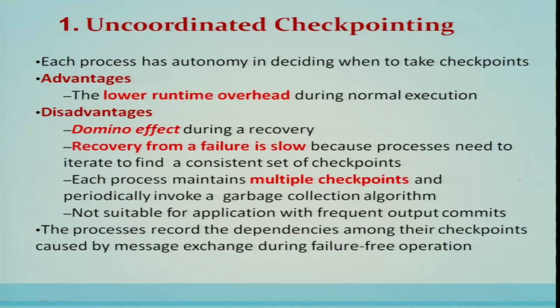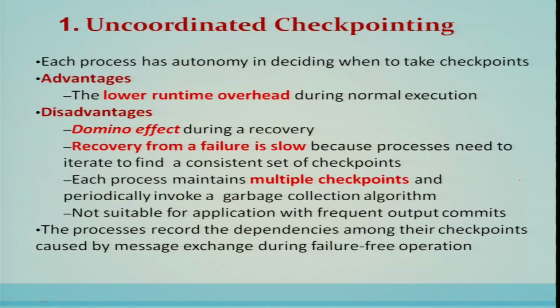Now it has many disadvantages. The first disadvantage is that uncoordinated checkpointing may lead to a domino effect during the recovery, so dominoes are not avoided in uncoordinated checkpointing. Second disadvantage, recovery from the failure is slow, because the processes need to iterate to search for a consistent set of checkpoints, and that is going to take a lot of time.